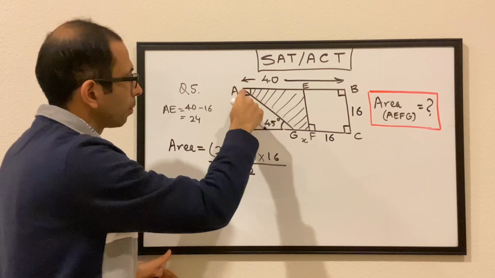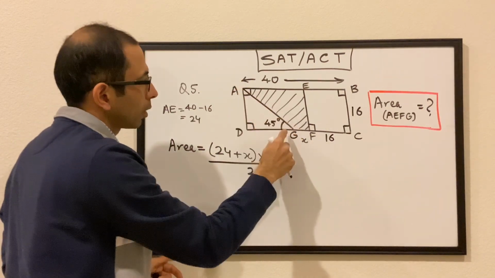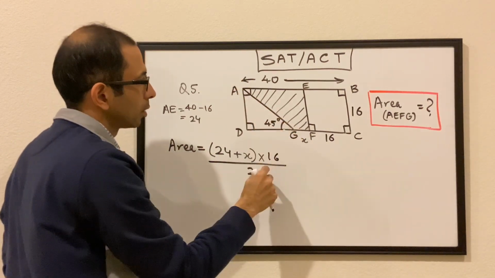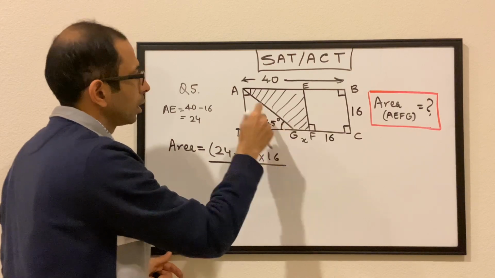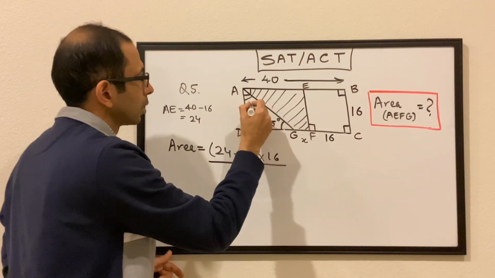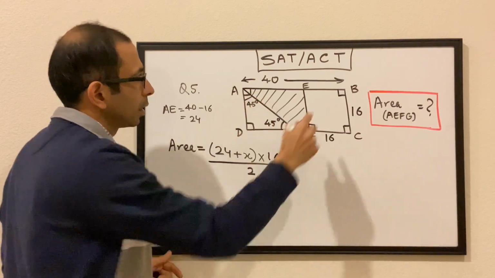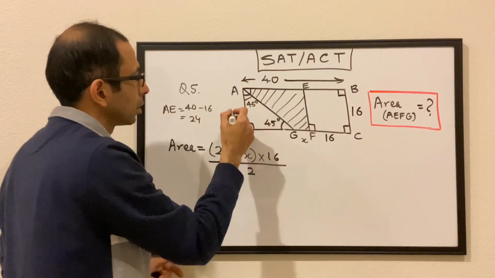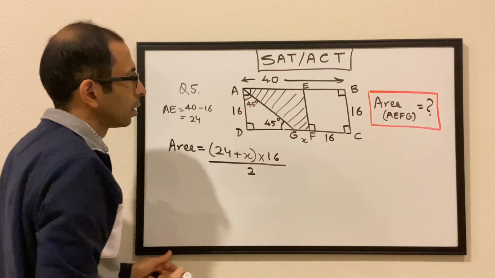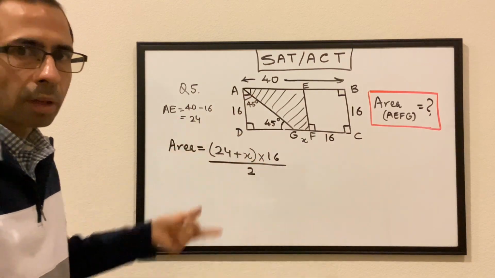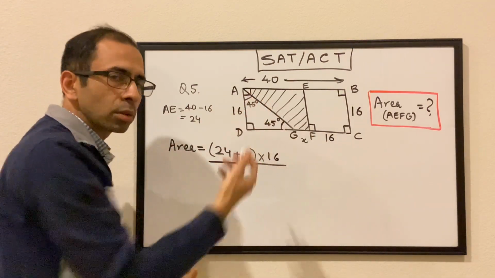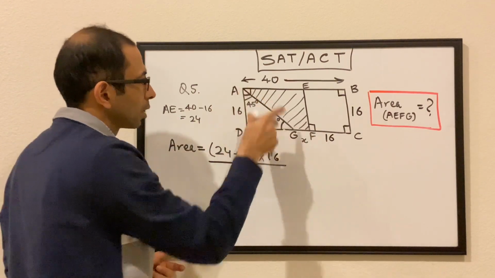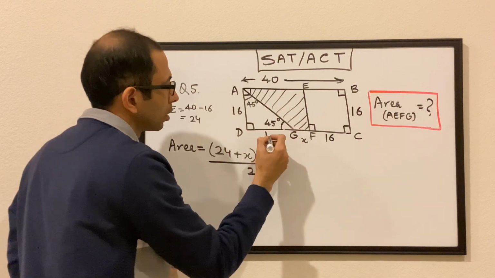Now if you look at this right triangle, this is 45 degrees. If this is 45 degrees, obviously this is also 45 degrees. And this side is the same as this, obviously it's a rectangle. So in a 45-45 triangle, it becomes an isosceles triangle as well. So if this is 16, then this is also 16.